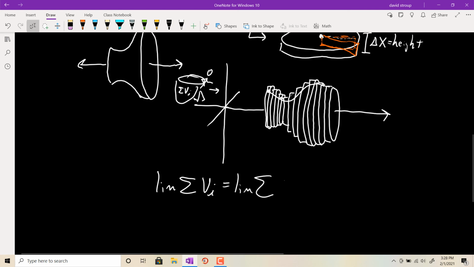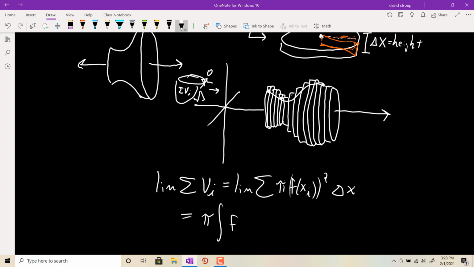It's pi r squared h, so pi times f of x sub i squared times delta x, and that becomes the Riemann sum, and we can take the limit of it and we will get our integral. Factor the pi out of the formula, and you end up with this as the formula of the day for determining the volume of a region rotated about the x-axis.